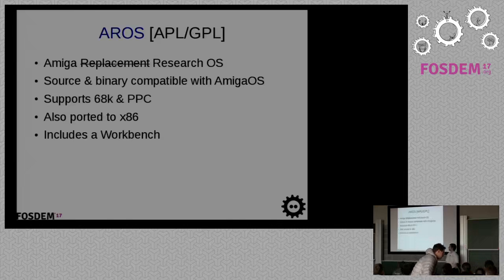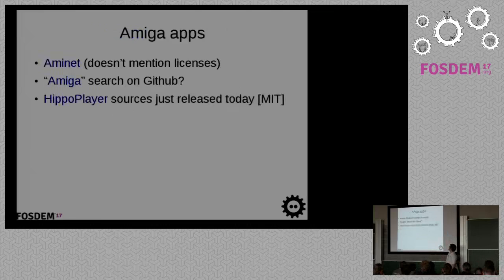Now it's Amiga Research Operating System. So it's compatible with the original one, but it's free software. And it includes the full desktop. There's also an ARM port. I will not say that AROS is binary compatible. Well, the goal of AROS was to be binary compatible, and yeah, they kind of slipped away from that.